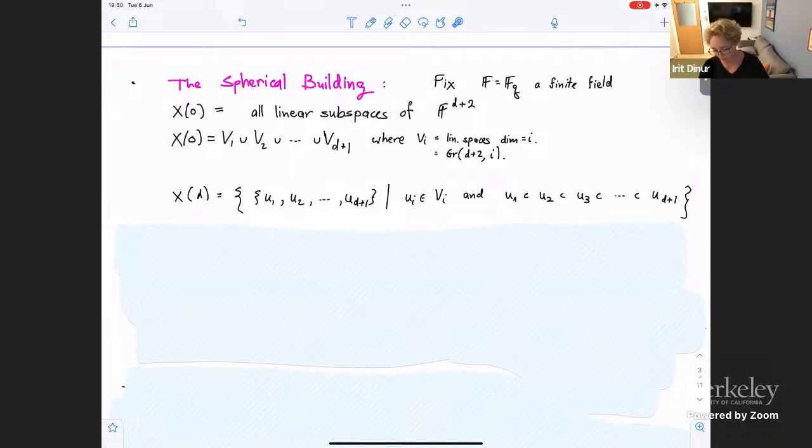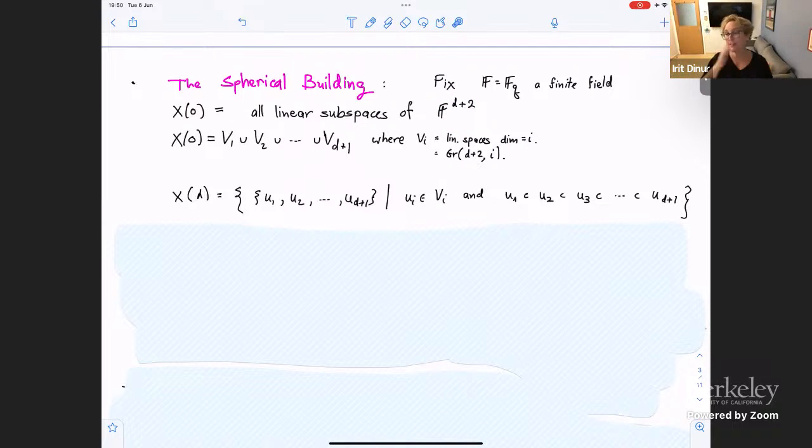So you fix some finite field F_q of your choice, and you fix some parameter D, it's the dimension, and then your vertices are going to be all linear subspaces of the vector space F_q^(D+2). Okay, now I'm not specifying a dimension. So we're going to take all linear subspaces of all possible dimensions.